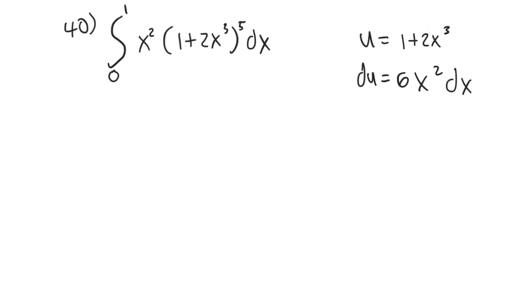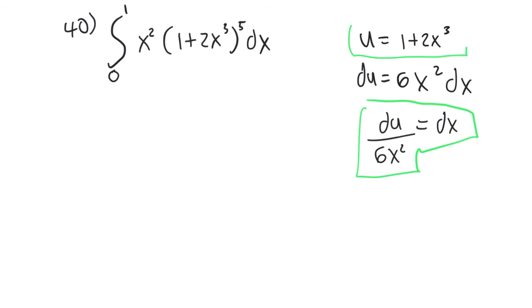Obviously, power rule: multiply 3 times 2, drop the exponent down by 1, so it becomes 2. At this point, the way that we're going about things is to solve for dx. So it's going to be du over 6x squared. And it is these pieces of information that we're now going to be using when we substitute back in.